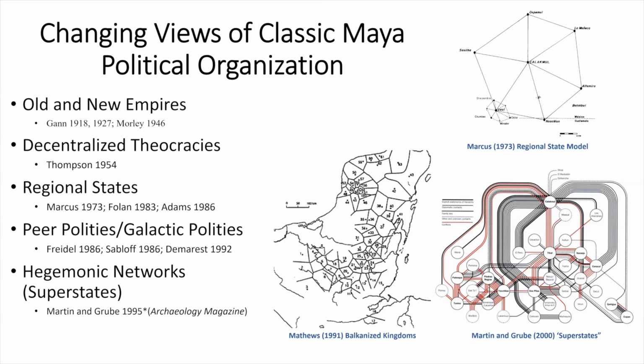So again, let's talk about the history of ideas in the way that people have thought about Maya archaeology. Who are the people thinking about these things? Predominantly, most of the literature on Maya political history and political organization is written by outsiders, with people from the United States and England overrepresented here.